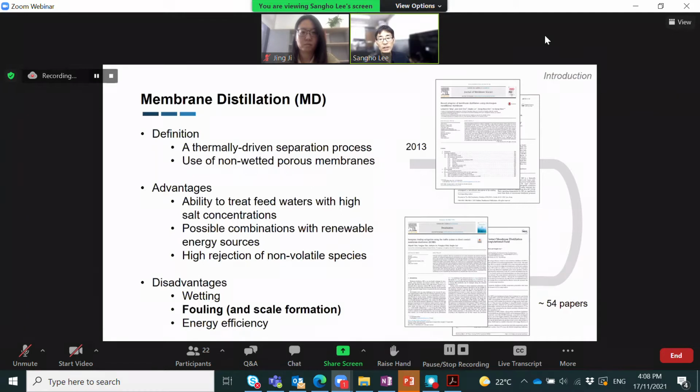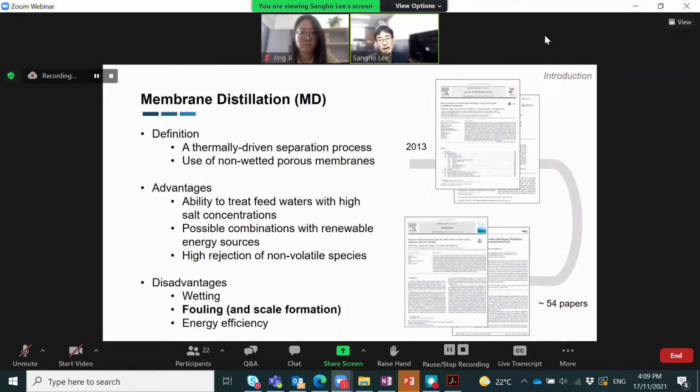And when you talk about fouling in membrane distillation, we need to consider scale formation, because this is one of the frequent types of fouling that you can find in membrane distillation systems.